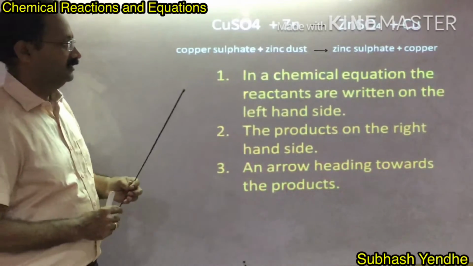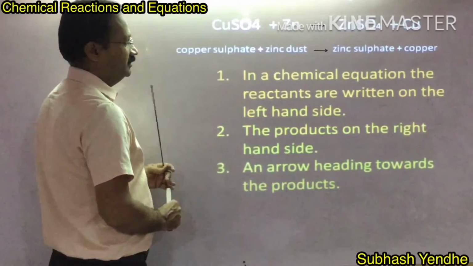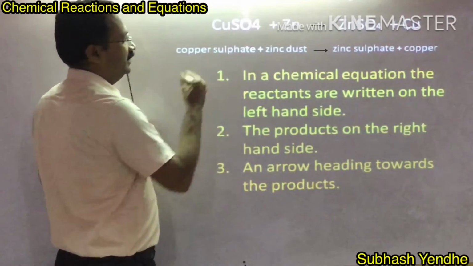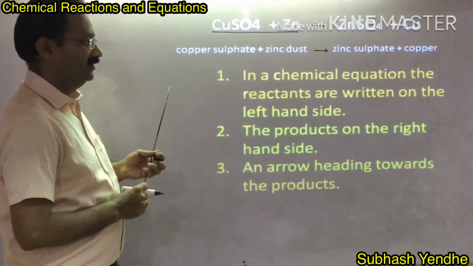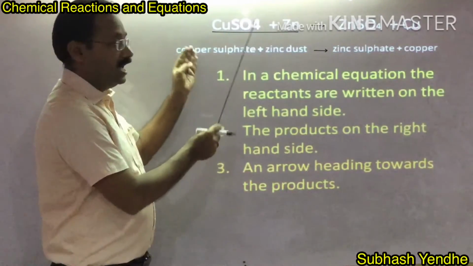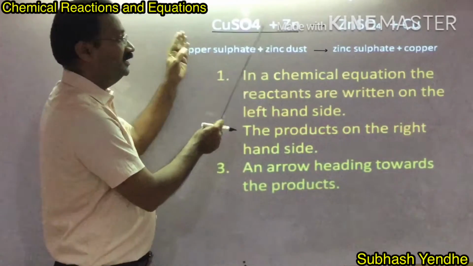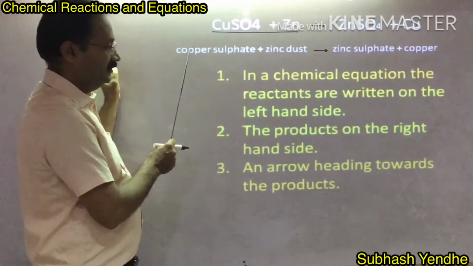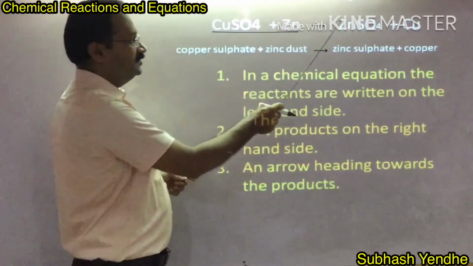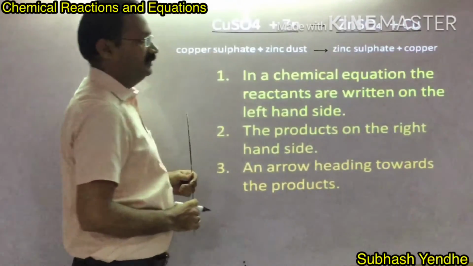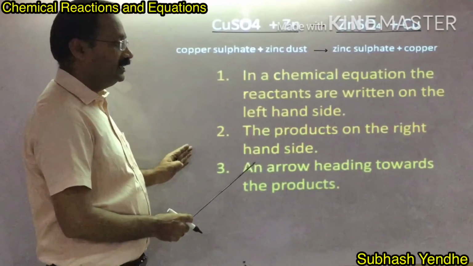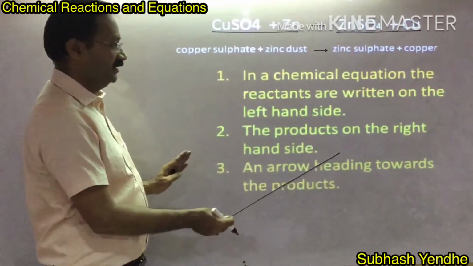The first point, in a chemical equation, the left hand side is called the reactants, so you have to write the reactants on the left hand side. Then second, these are called the products, so you have to write the products on the right hand side.